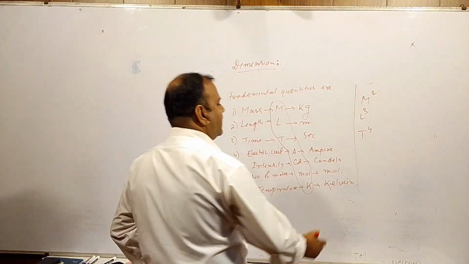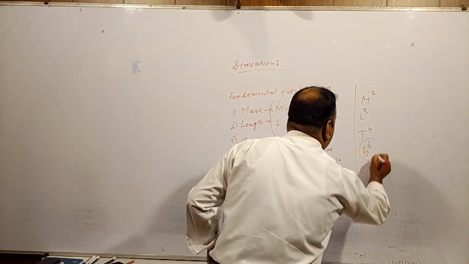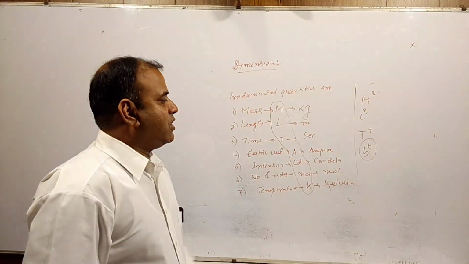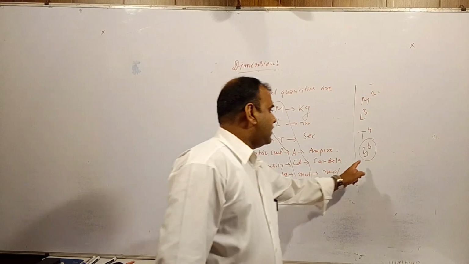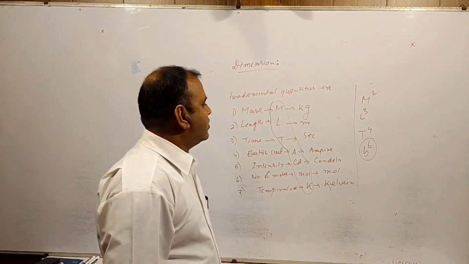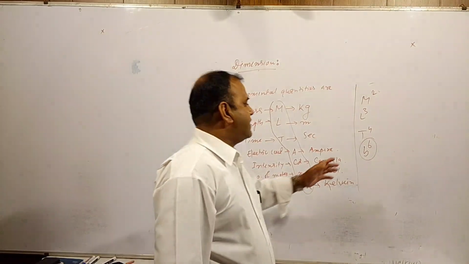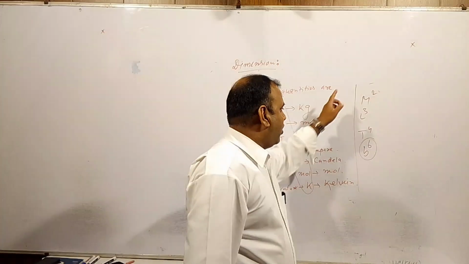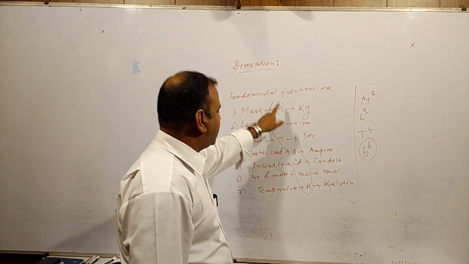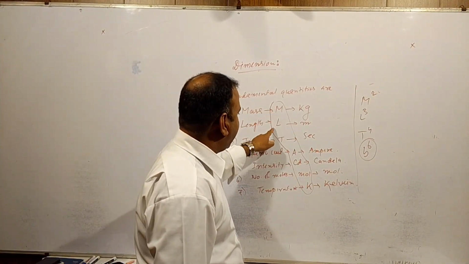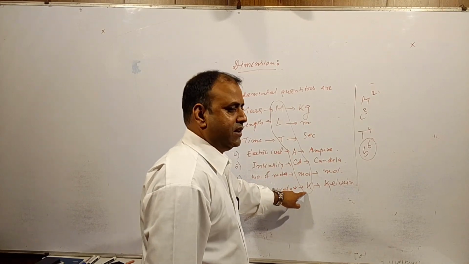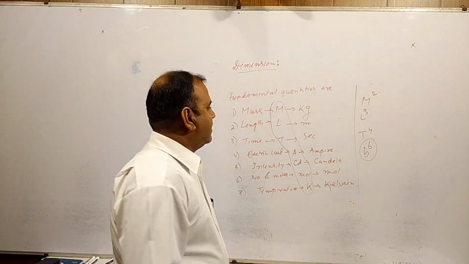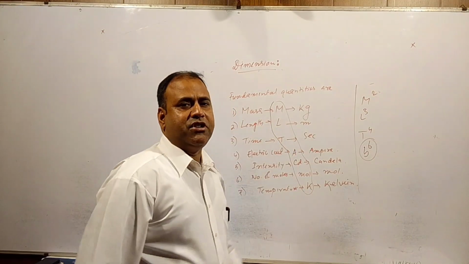Suppose I write here b to the power 6. Remember, the dimension of b is not 6, because b is not a fundamental quantity. So dear students, remember that only these 7 values, mass, length, time, ampere, candela, mole, and Kelvin, if there is a power, then only can we say this is the dimension.